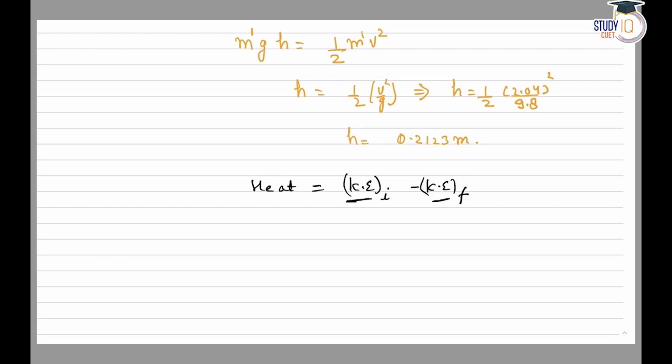The initial kinetic energy is half the mass of the bullet, 0.012 kg, into the speed 70 whole square, minus the final kinetic energy, which is half the mass of the system, 0.412, into the speed of the system, 2.04 whole square. On solving this, the heat produced comes out to be 28.54 joule.